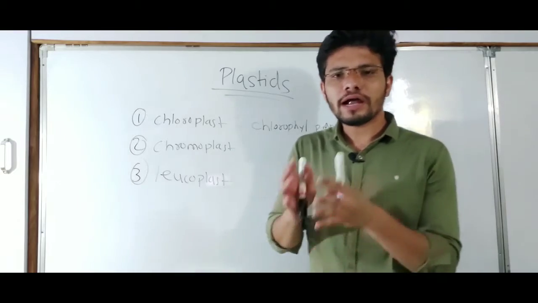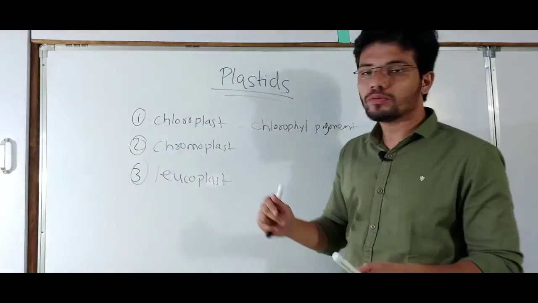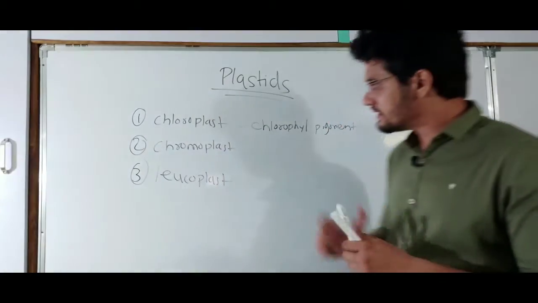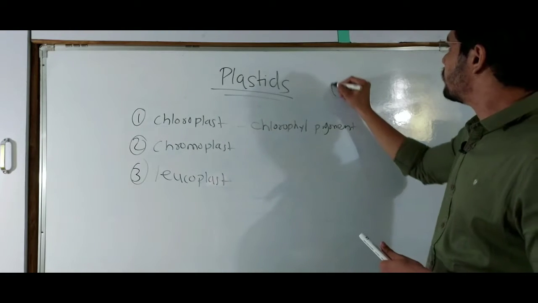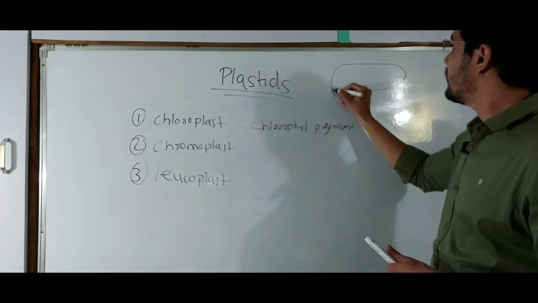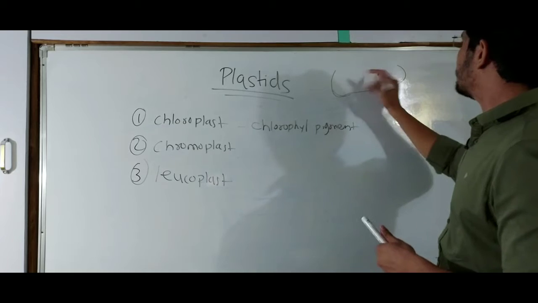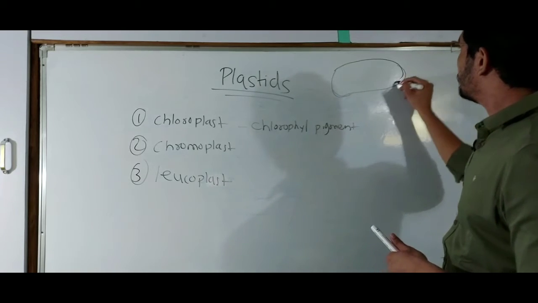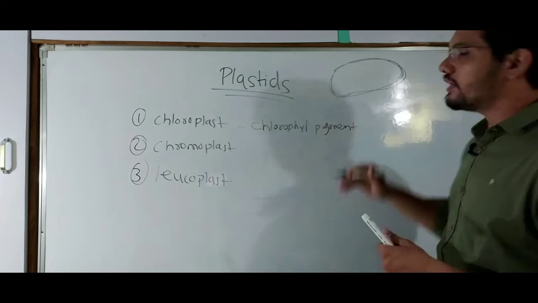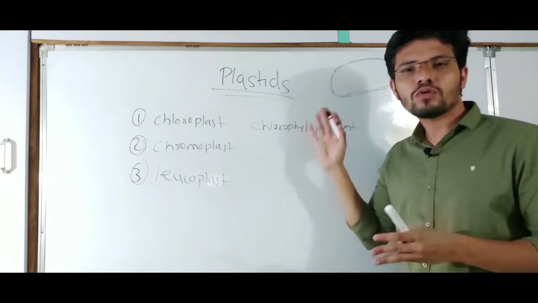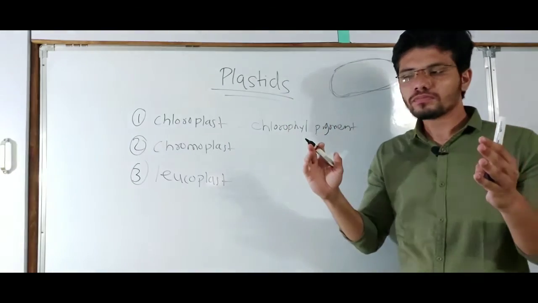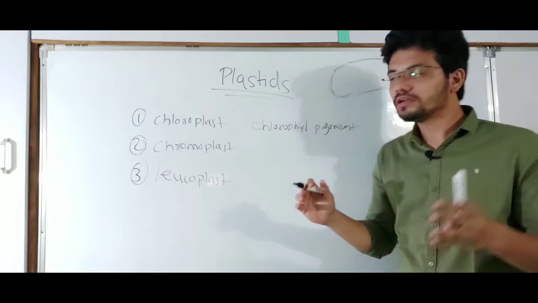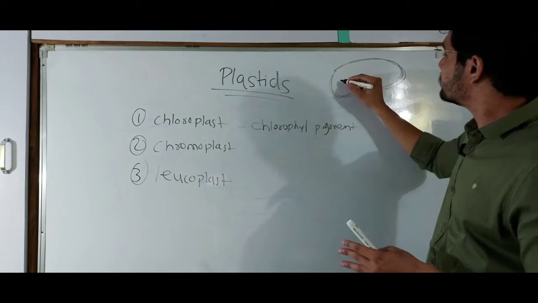Carbohydrates are synthesized in the chloroplast, and if you look at the structure of the chloroplast, it is an oval shaped structure. Sorry, my drawing is not very good, but the chloroplast looks kind of like this. It is an oval, disc or lens shaped structure, and it contains a double membrane.